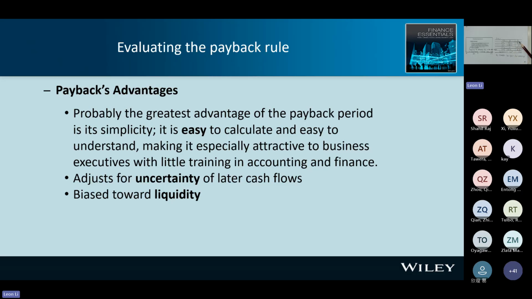B project, CF1 is 0, CF2 is 200, so payback is 2 years. So payback will suggest you take project A.